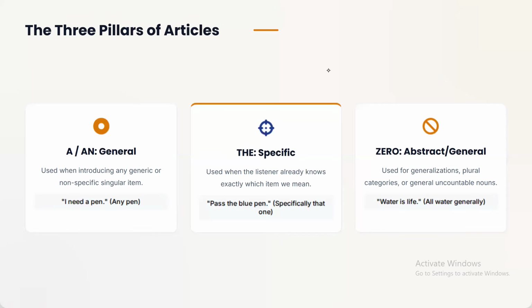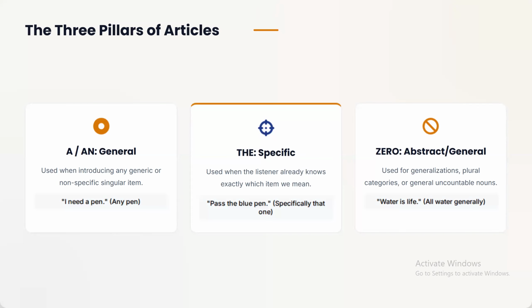The second time, the listener already knows the car I'm talking about. So the next time I introduce it, I won't say a car again. I would say the car. So the listener understands that the car I'm referring to is the car I made mention of in the first instance. So the is more specific.